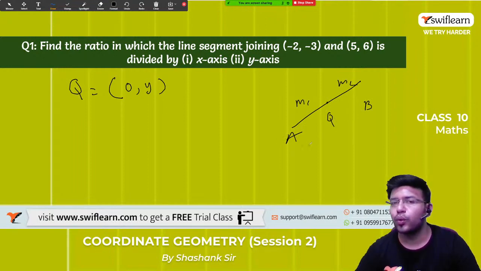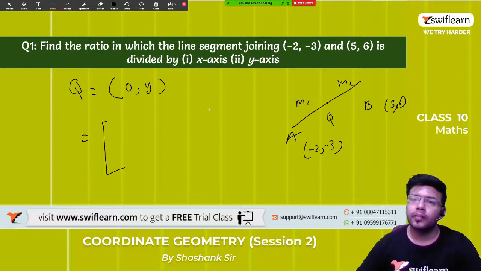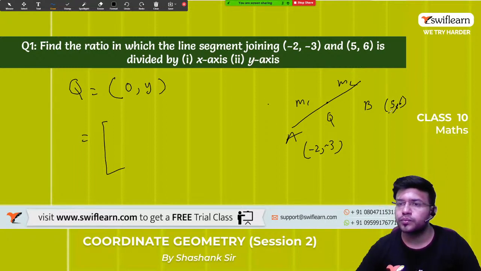Point Q is given by m1x2 plus m2x1, that is 5m1 minus 2m2, divided by m1 plus m2.